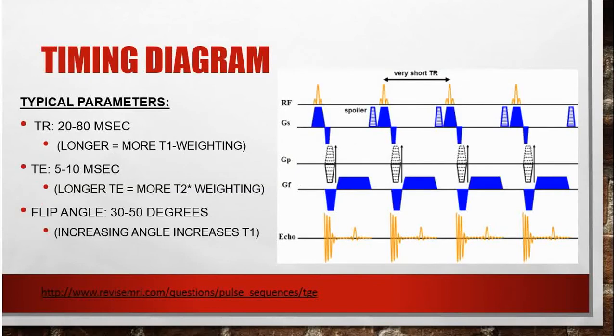And the timing diagram of the flash sequence is seen on the right of the page. The TR is very short. The timing between each excitation is very short, and spoilers are used just before each excitation to kill all the transverse magnetization, and all other phase encoding and frequency encoding gradients are the same as we know with the gradient echo.